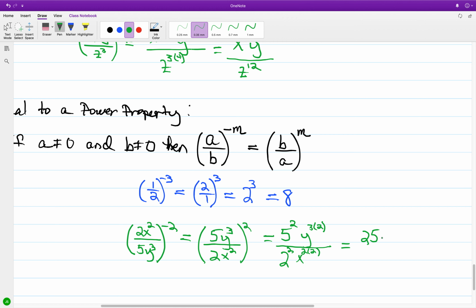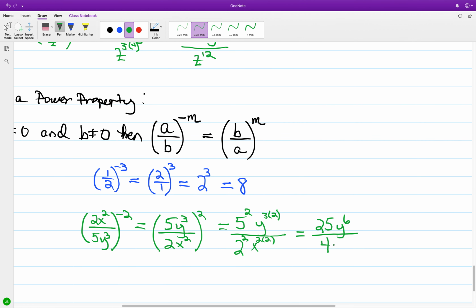And y is going to be to the 6th power. 2 squared is 4. And for what we have in x, that is going to be 4th degree. So for 2x squared over 5y cubed to the negative 2, final result is 25y to the 6th over 4x to the 4th.